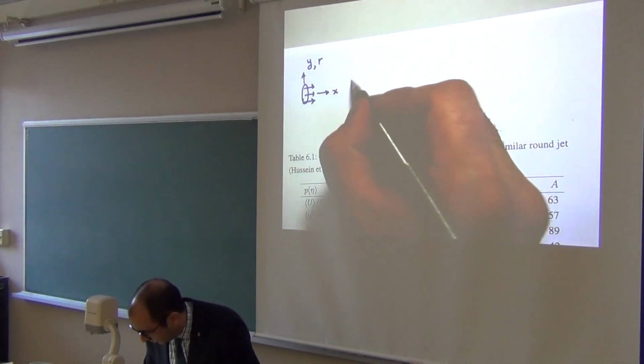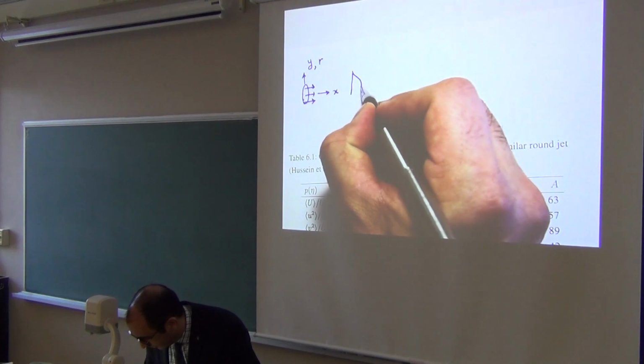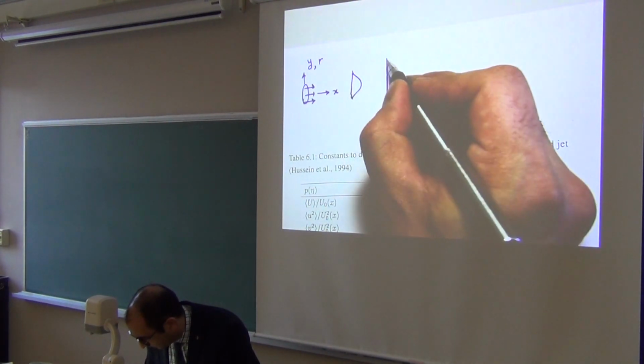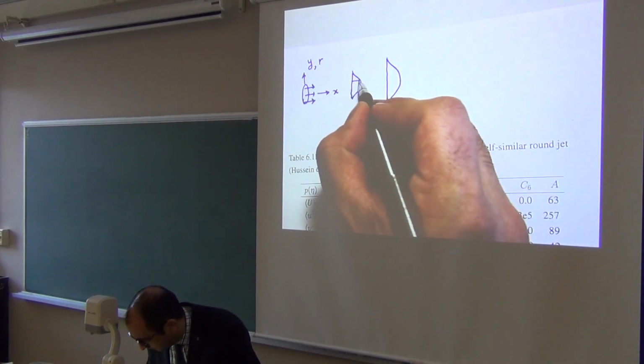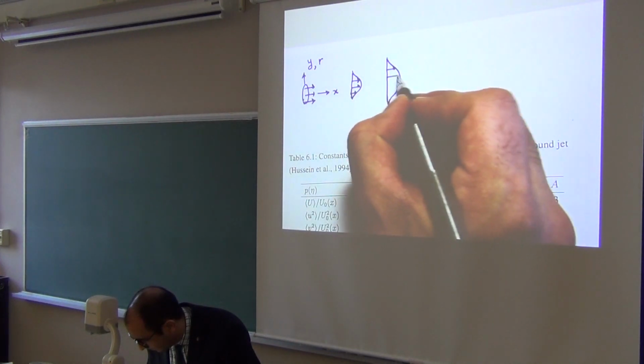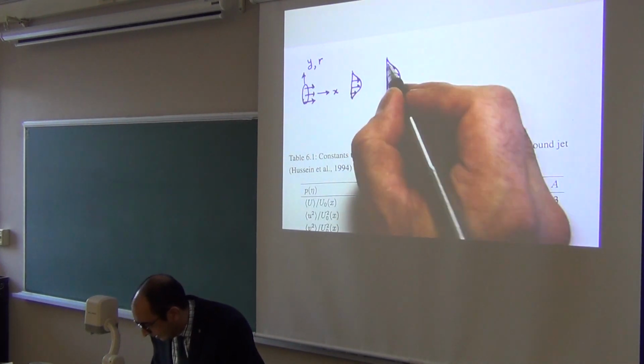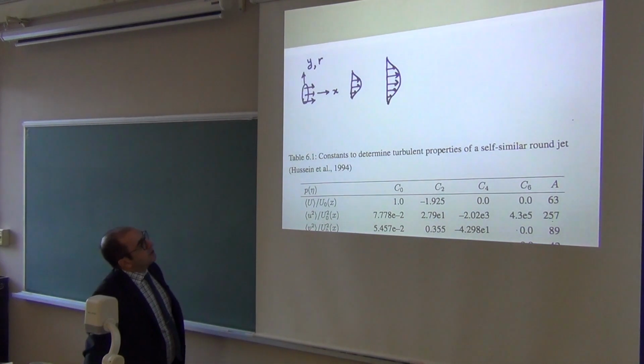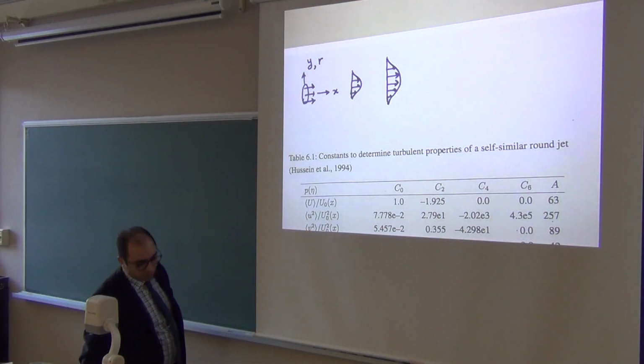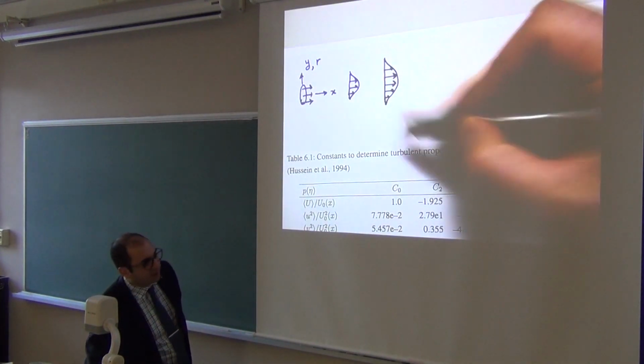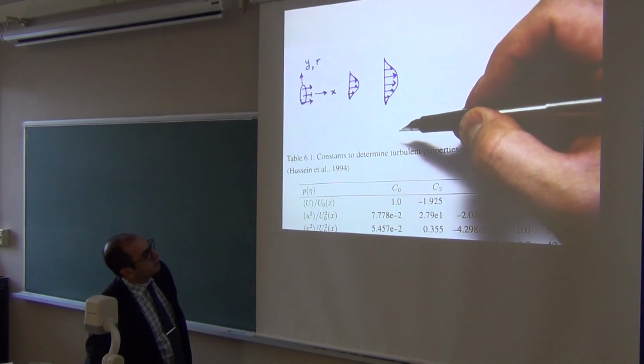And the jet comes in and then develops. So the momentum equations that I will write will give me the velocity profile anywhere. That's the purpose of the momentum equation.